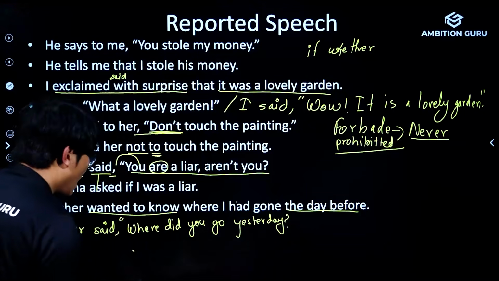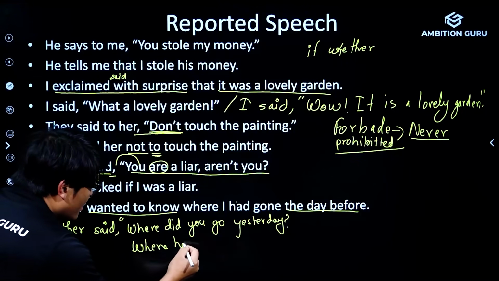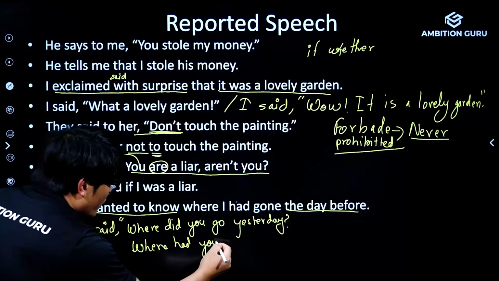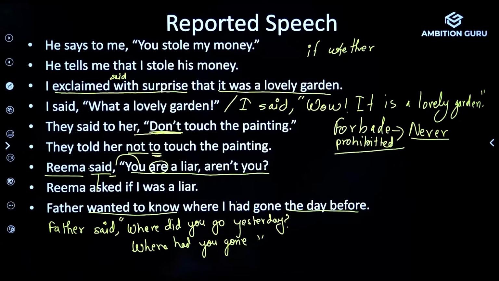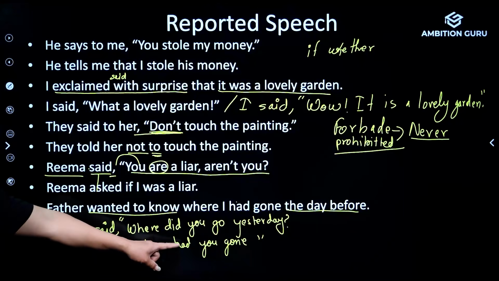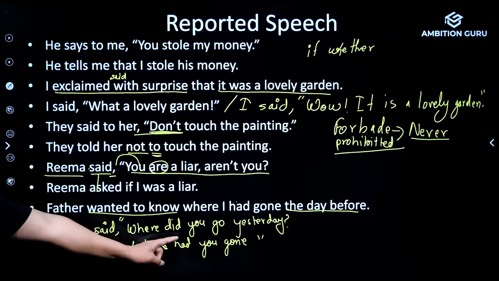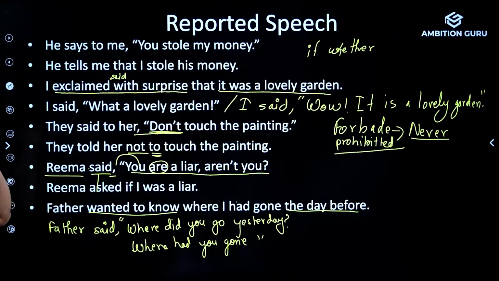Clear? Another answer is where had you gone yesterday? Even you can write where had you gone, because had you gone is past perfect, and past perfect remains the same.